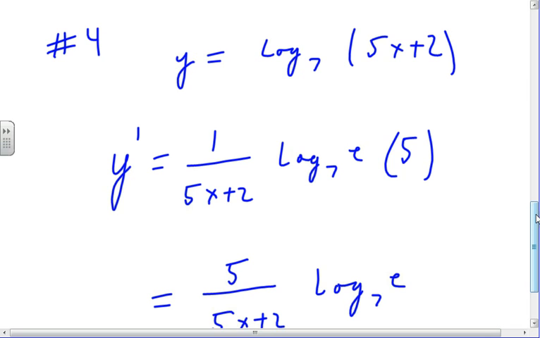So given the back of the book to look at, I see that the derivative of some function to the n is equal to n x to the n minus 1. And I see that the derivative of c times u is equal to c du dx. So I see a number there, and I look at those and say, okay, that means the derivative of 5x plus 2 is 5.